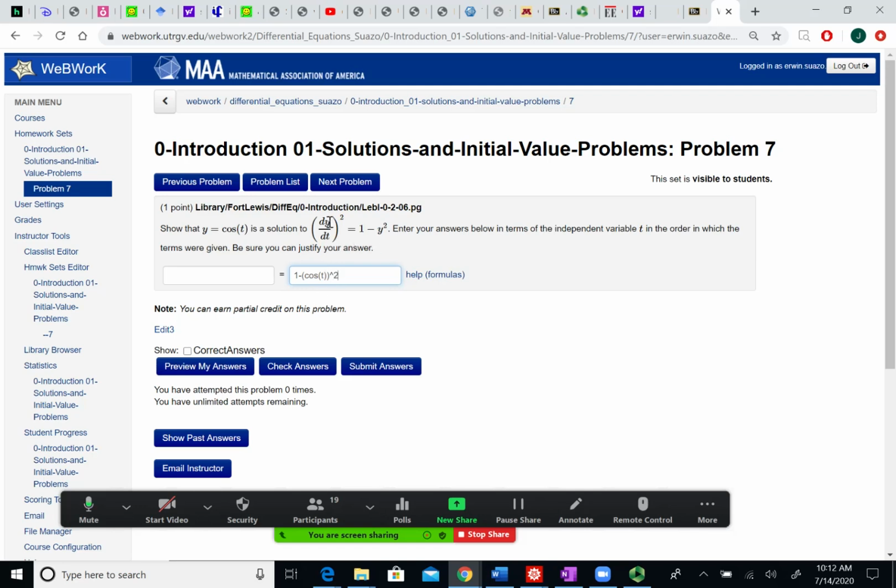So what is the derivative of y with respect to time? Negative sine. So when we square it, what do we get? Sine. So negative, it's basically sine squared, right? So we can copy this. So this is sine squared equals 1 minus cosine squared. Is this formula right or not?